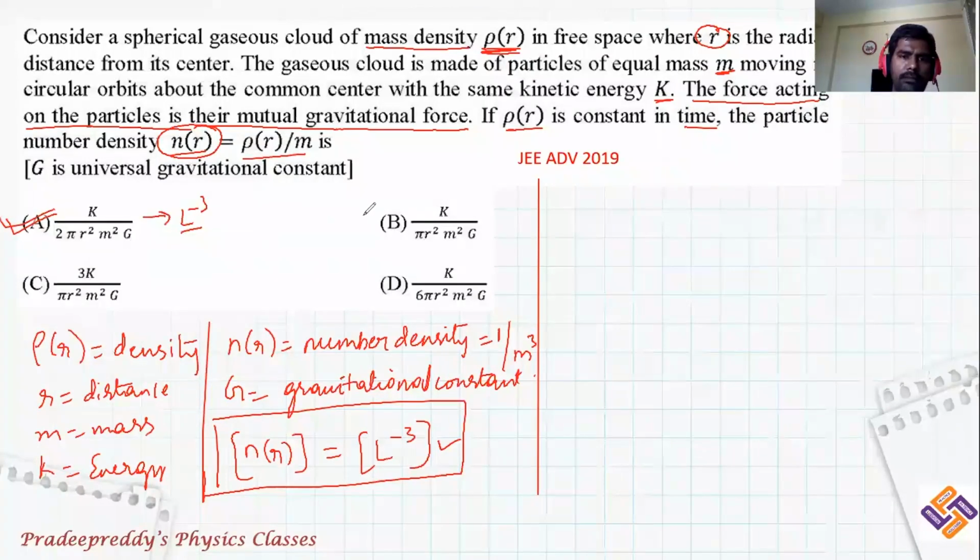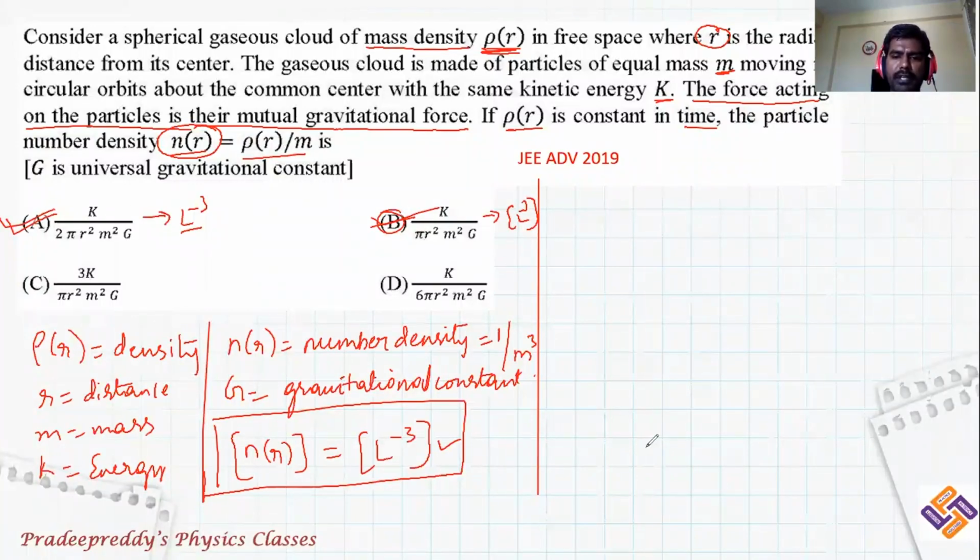Likewise, you can check option B: write down its dimensions, and if you get L power minus 3, option B is correct. Take each and every option and write down its dimensions. If it is equal to L power minus 3, then that option is correct. First I will explain only option A. You should cross check B, C and D by yourself.